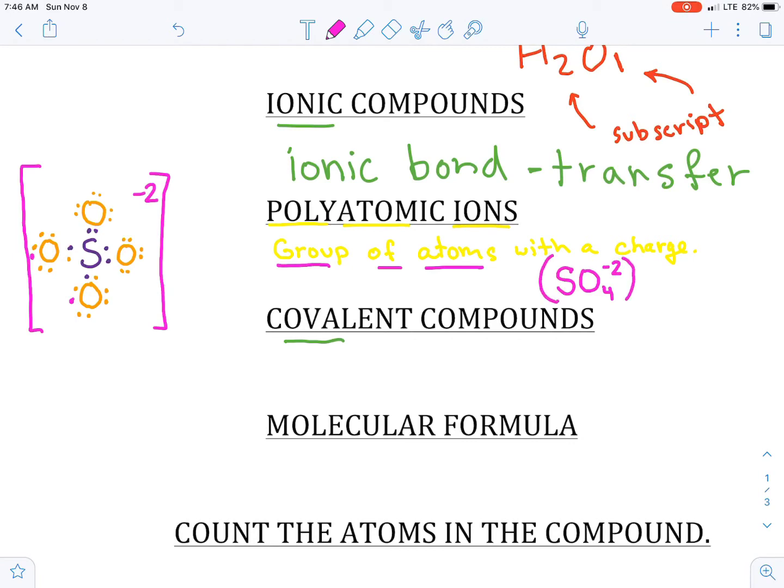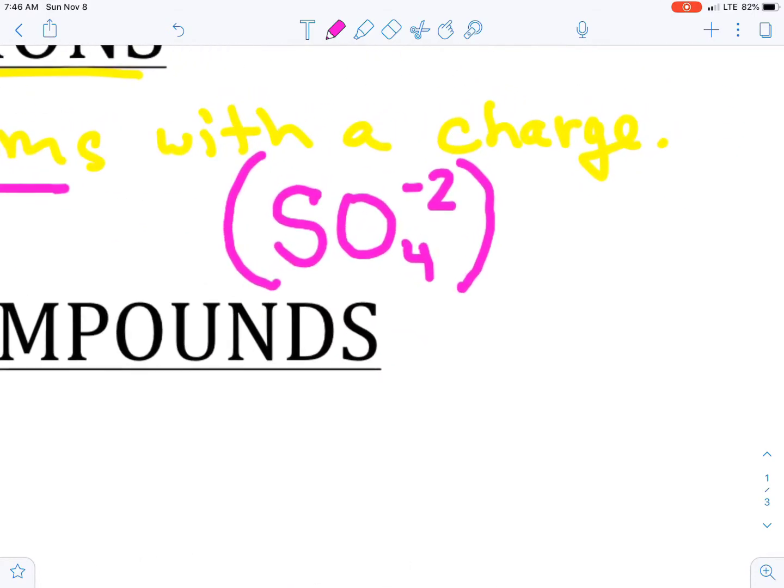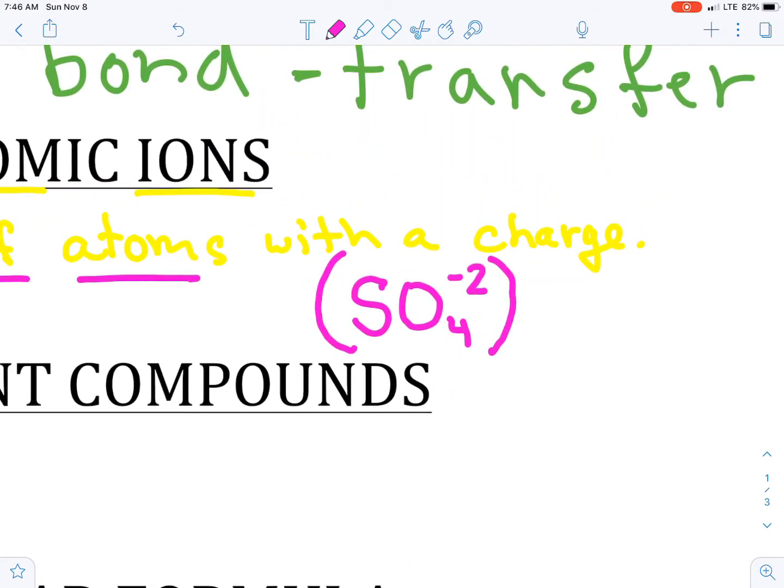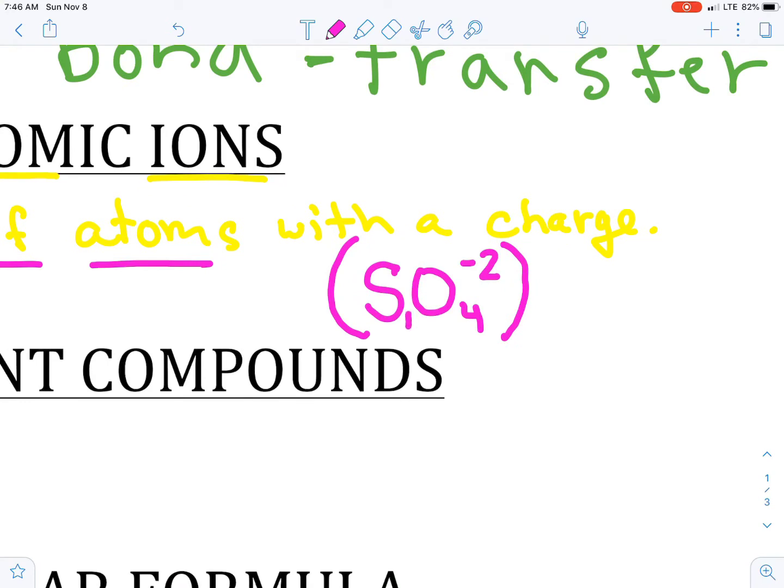Now, when we have a polyatomic ion, we always put it in parentheses so we know that it's a polyatomic ion. So when I write it out, it's not quite like a regular chemical formula, because now this is just going to be a part of a formula. Now it's in parentheses. I have 1 S, there's an invisible 1 right here. I have 4 O's, but I have 2 extra electrons.